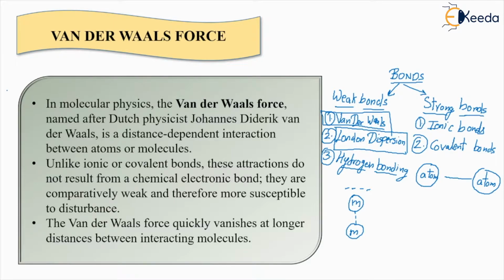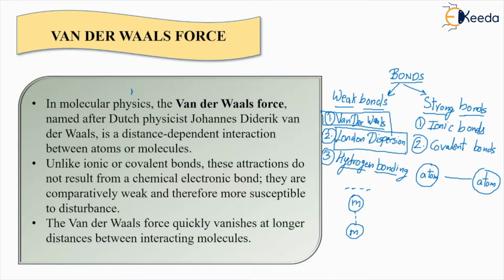Weak bonds can be broken easily, and if they are broken easily, then there is no point in making them go through different kinds of disturbances and conditions where there are chances of them breaking up. The van der Waals force quickly vanishes at longer distances between the interacting molecules.